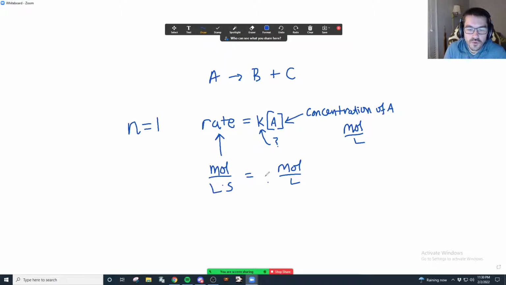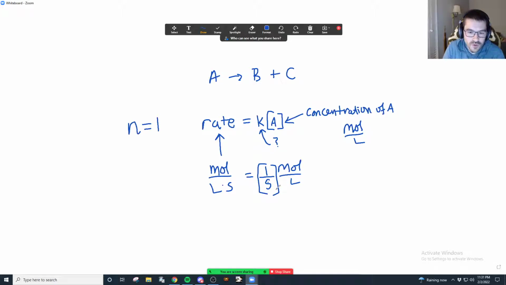So the units of K, what do they need to be? They must be inverse seconds, 1/seconds. That's what would need to go here. If it's going to be multiplied by this concentration of A, seconds would need to be in the denominator.